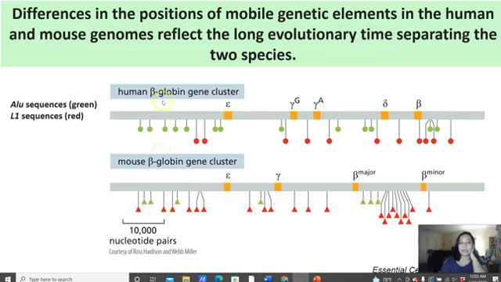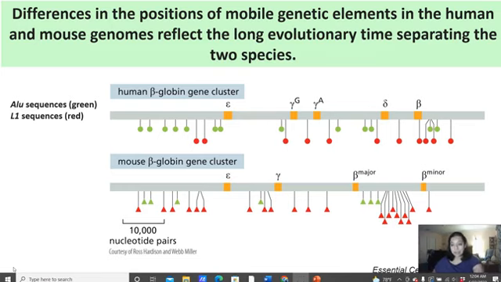Another thing you will notice is that you have these different shapes and colors in there, the green and the red. The green are the Alu sequences, which is again a repetitive sequence that can act as mobile genetic elements. And these are going to specify the presence of mobile genetic elements.